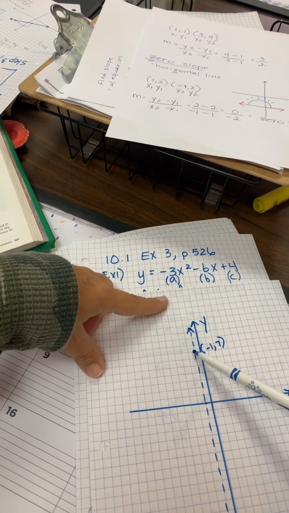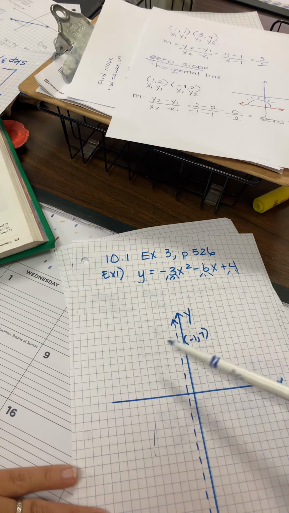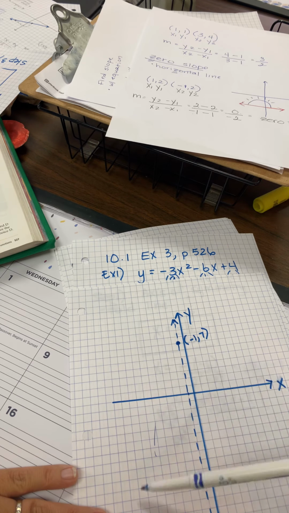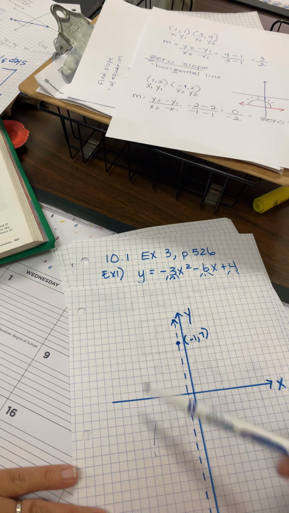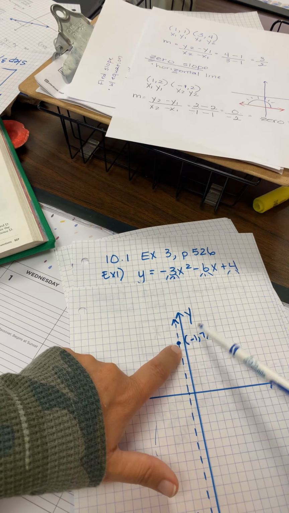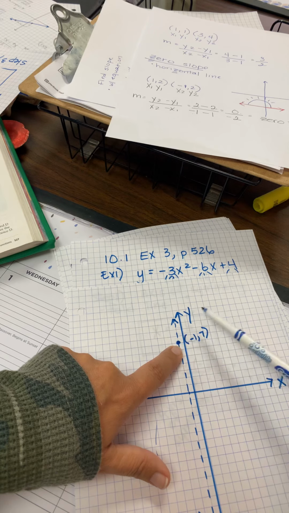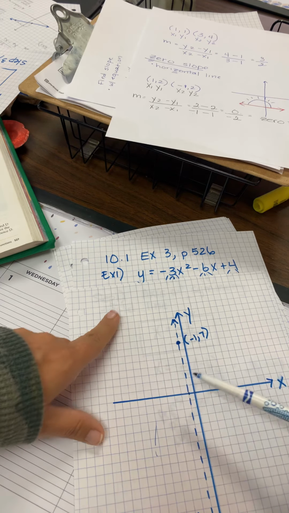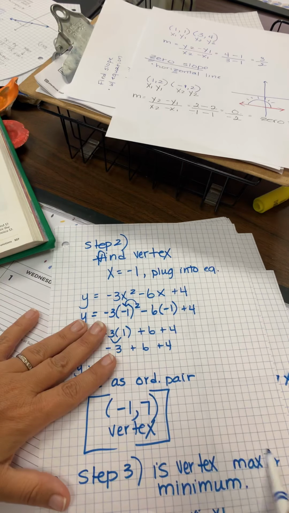So if this is going down, hopefully you're visualizing me doing a frown, you can see that this would be the highest point of your graph because it's going down from that point. If you were going up, this would be the minimum because it's the lowest point of the graph, but this is the highest point of the graph. So this is a maximum.